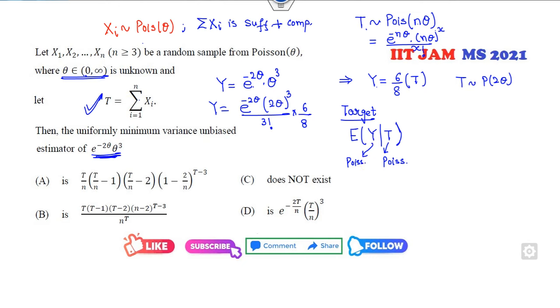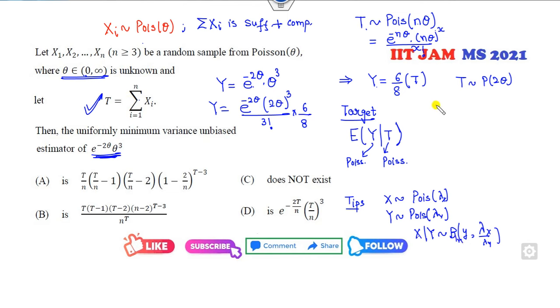Fine. Now what is the shortcut tip? If you remember, if x follows my Poisson distribution with the parameter lambda, and y follows my Poisson distribution, then x conditional on y will follow the Poisson distribution of y, whatever the value of y, and x over y. Sorry, it's a binomial. Fine.